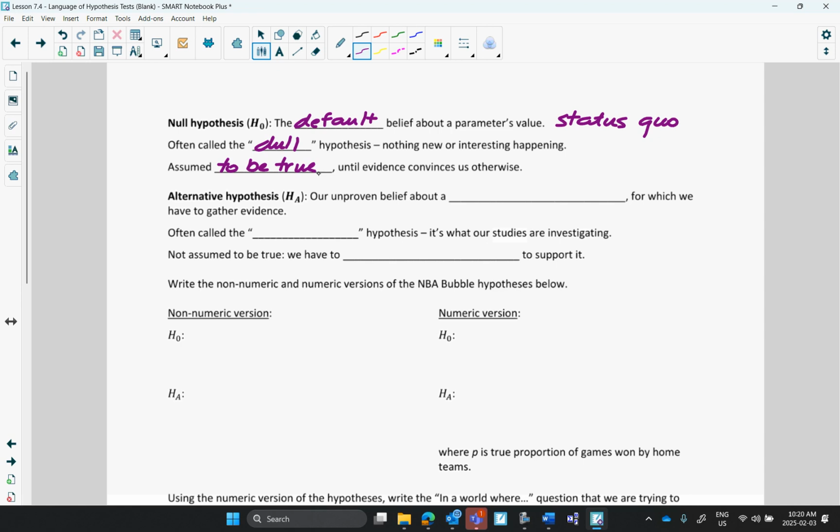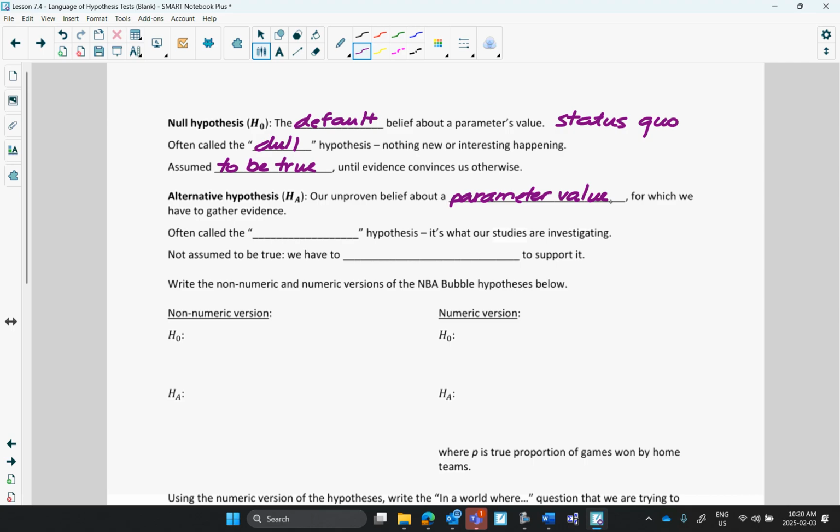The other hypothesis, the change one, that something's changing, is called the alternative hypothesis, HA. And it's our unproven belief, because we haven't proven it yet, about some parameter value, proportion, mean. You know, somebody claims that 40% of people in Canada watch a certain show on Netflix, or have at least watched one season or something. 40% is the null hypothesis.